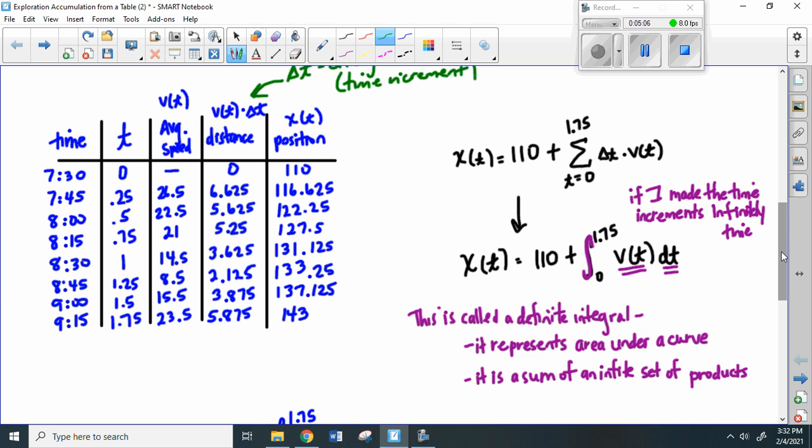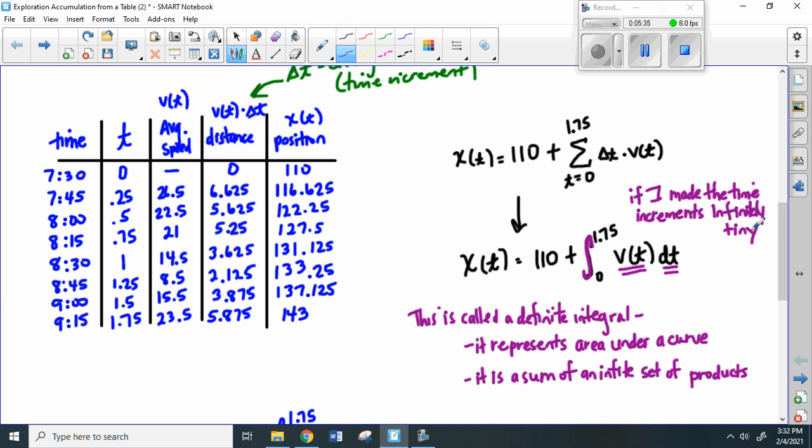Well, in calculus, if you make those time increments infinitely tiny, we call that a definite integral, and we can change our notation.